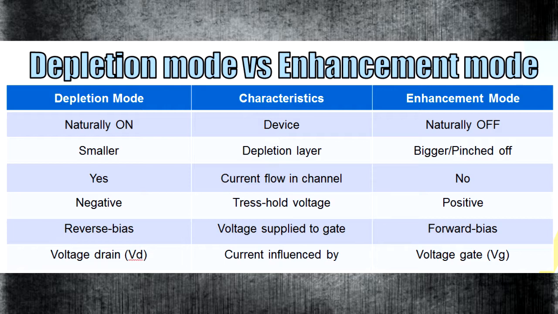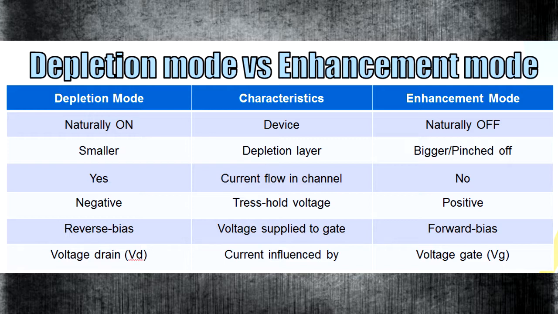Of course, the depletion mode has current flow in the channel, but the enhancement mode does not have current flow in the channel. For the threshold voltage, the depletion mode is negative and the enhancement mode is positive.